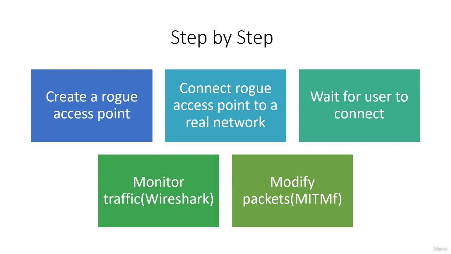The step by step of the attack consists of first creating the rogue access point. As we saw in our previous lectures, the rogue access point is connected to a real network, and we previously described how we can do this. Then the user connects to the rogue access point, and we capture the traffic with a tool like Wireshark, waiting for users to connect.